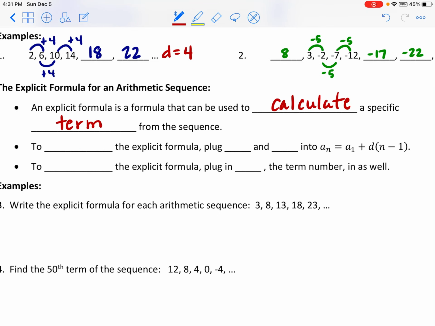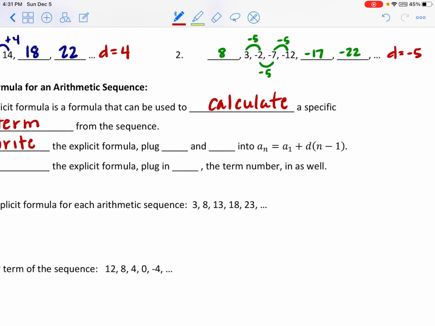So if we want to just write the explicit formula, which you could be asked to do, to represent a sequence, then this is our generic version of the formula. If we want it to represent a specific situation, then we plug in two things: a sub 1, and d, which we call the common difference.